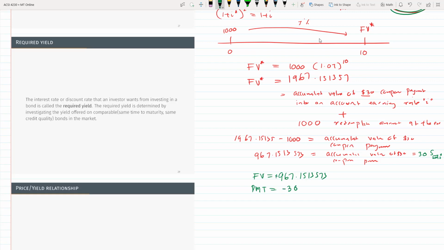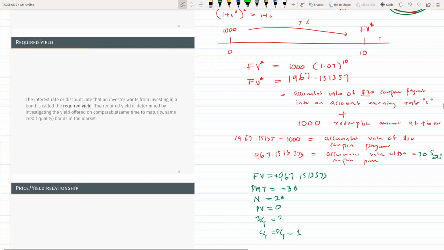This one is positive, but this one is negative since it's going out of our pocket. Then N is 20, present value 0, and then the rate is what I want to find.